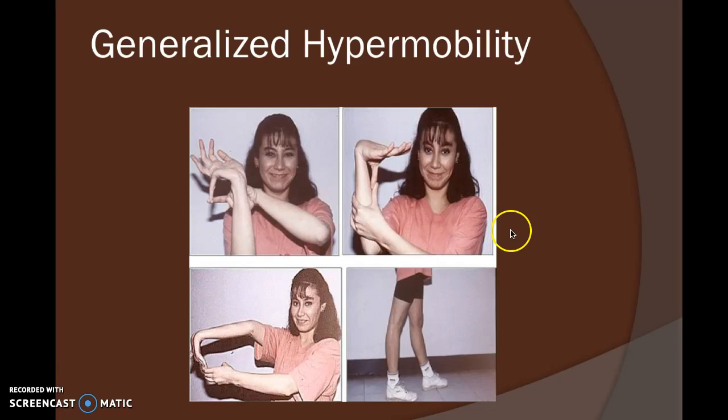But one of the risk factors we found is hypermobility and generalized hypermobility of the synovial joints, where the patient has hyperextension of the elbows, the knees, and the wrists and fingers. And this is a risk factor for development of temporomandibular joint disorders because the temporomandibular joint is a synovial joint, and this is a systemic problem.